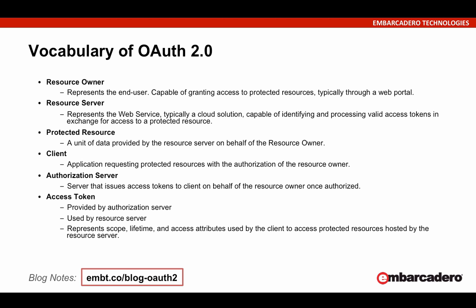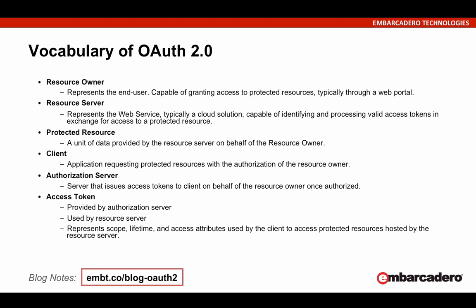Client is the application itself that requests a protected resource, and it also will provide the authorization of the resource owner, which typically is done with an access token. Client can be the form of a native app, HTML5 web app, or pretty much any other kind of application.